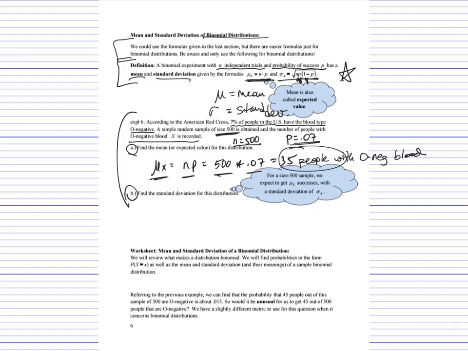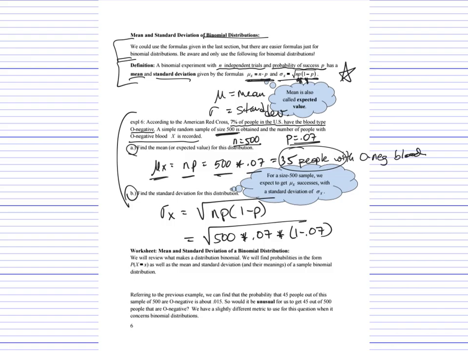Part B, standard deviation, and I've got sigma sub x equals square root of n times p times 1 minus p. So square root of, let's see, our n value of 500, our p value of 0.07, and our 1 minus p of 1 minus 0.07, right? So of course on the calculator, I'm really going to put in square root of 500 times 0.07 times, doing that 1 minus 0.07 to get 0.93 in my head.